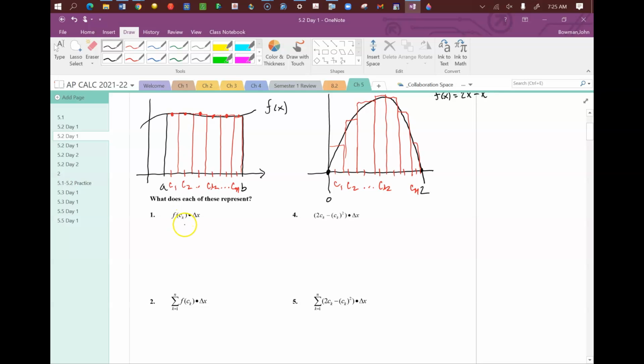So f of ck would be evaluating the function at each of the c values, and that would be the height of a rectangle. And delta x, just to be clear, is what we are calling the width of each rectangle. So height times delta x would be the area of one rectangle.